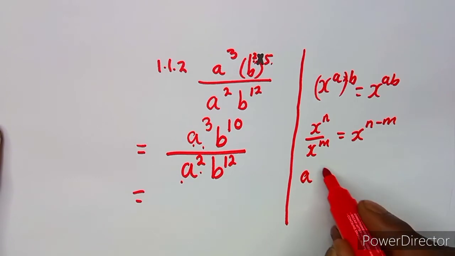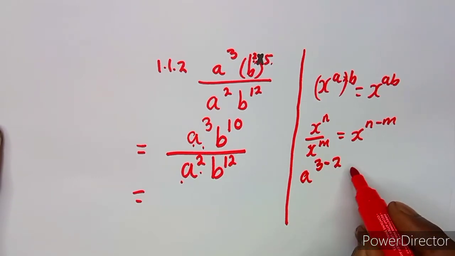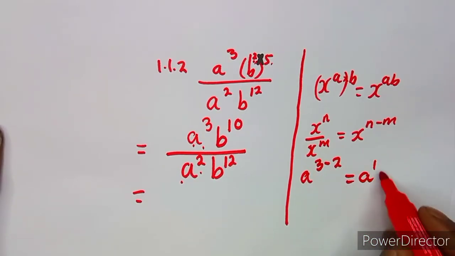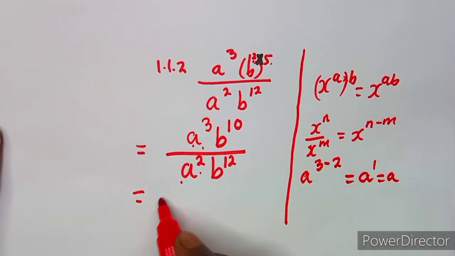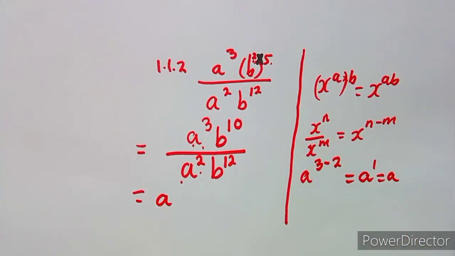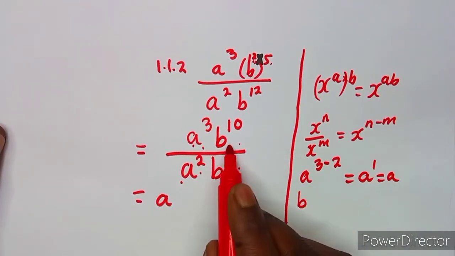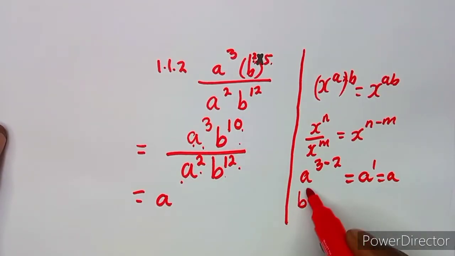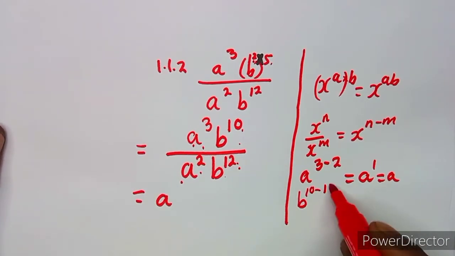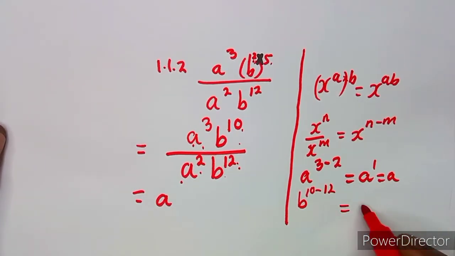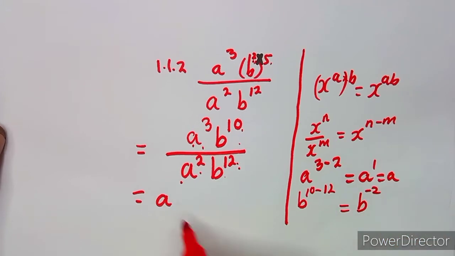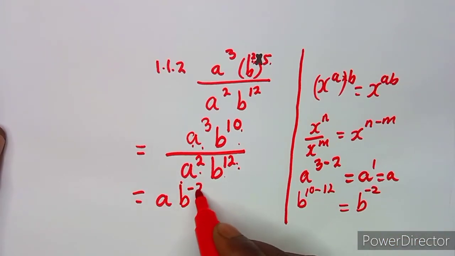So it's a to the exponent of 3 minus 2, which is going to give us a to the exponent of 1, which is the same as a. The same thing, you do it to b, you're going to subtract because you're dividing. That's 10 minus 12, and 10 minus 12 is minus 2. So this is b to the exponent of minus 2.